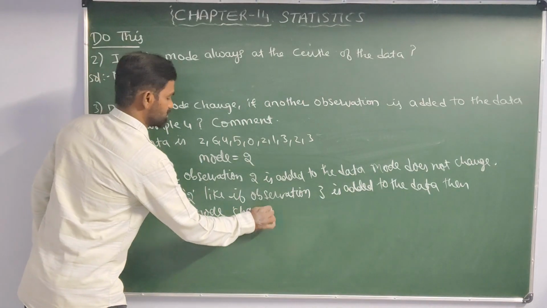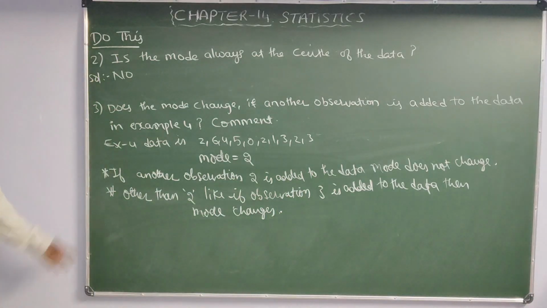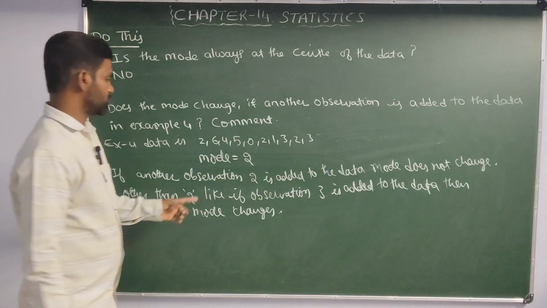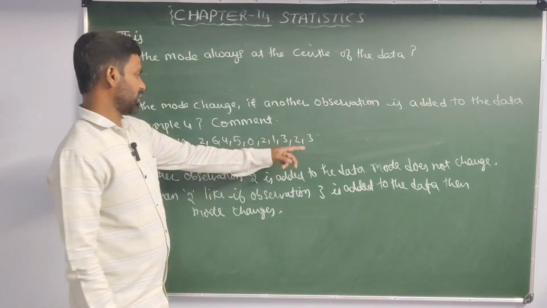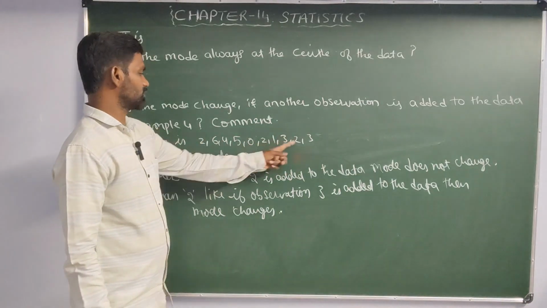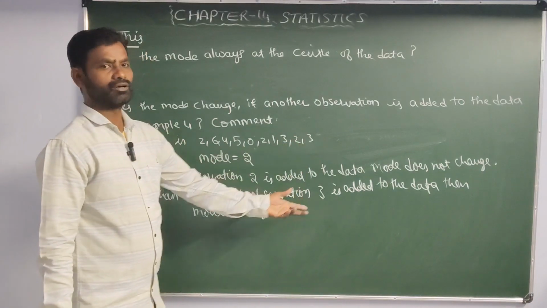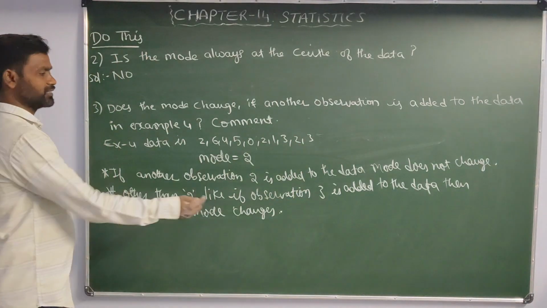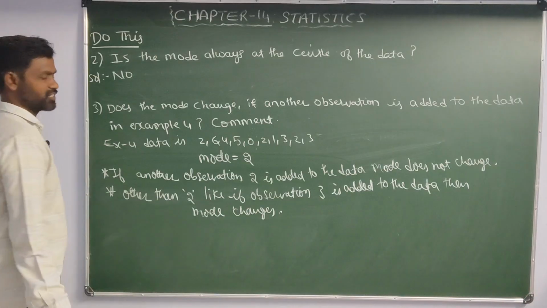Mode changes. That is our answer. So what does the mode become if 3 is added to the given data? Here 2 has 3 times and 3 also 2 times. If 3 is added to the data, therefore mode changes, right?